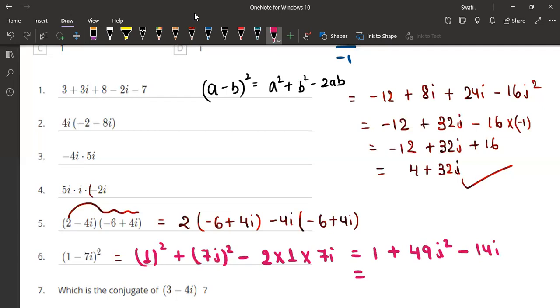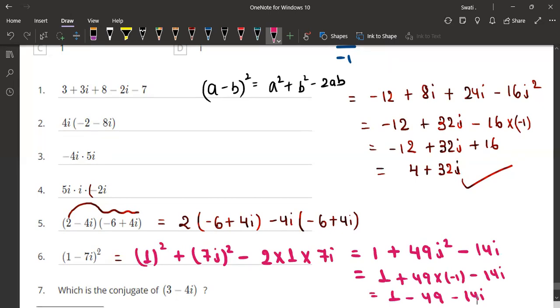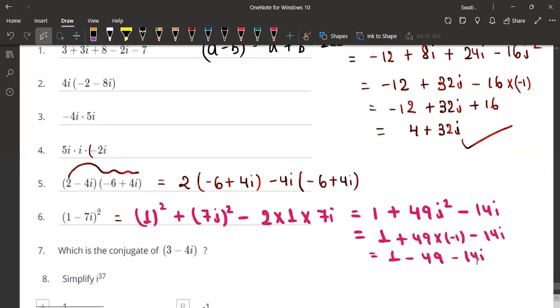Now, this will become 1. i square is negative 1. We know that the value of i square is negative 1, so it will become plus 49 into minus 1. And then here minus 14i as it is. Now, this is 1 plus into minus is minus 49. So what is 1 minus 49? 1 minus 49 is simply minus 48, right?